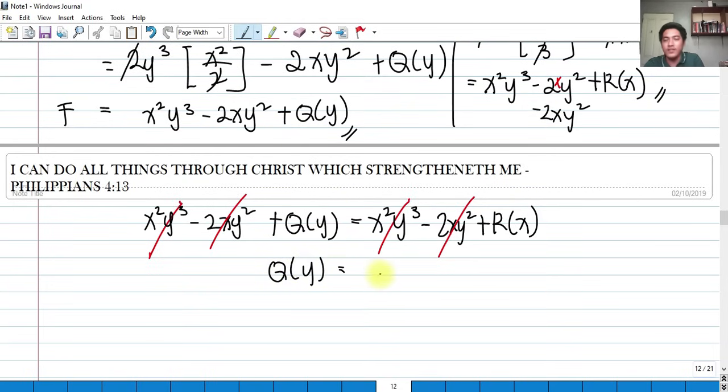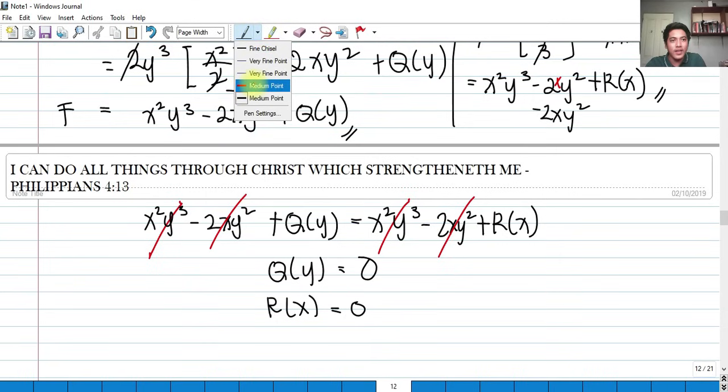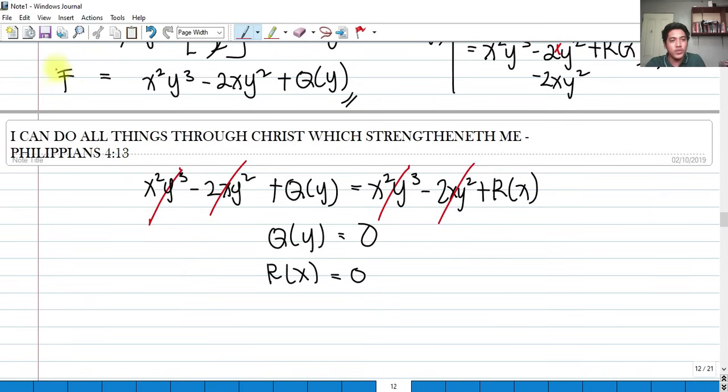On the other side, there are no terms purely in terms of y. So we have 0. r of x is 0 also, and we already have the answer. We can choose either of this f or this f to get the answer. So I'm going to choose this. Our f would simply be replaced by c. This should be x squared y cubed minus 2xy squared plus 0, because the value of q of y is 0.